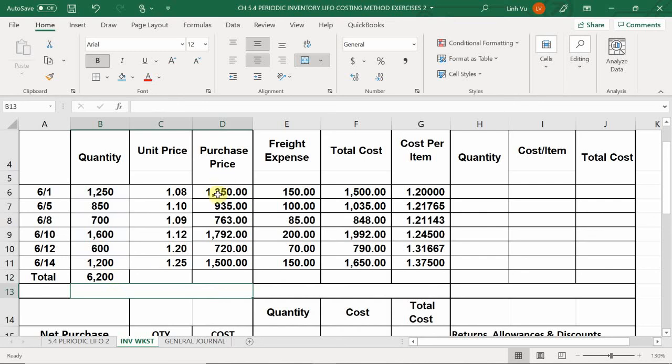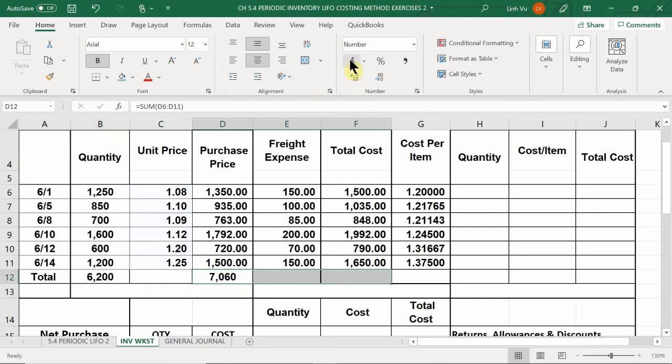What is my total purchase price? $7,060. Okay.